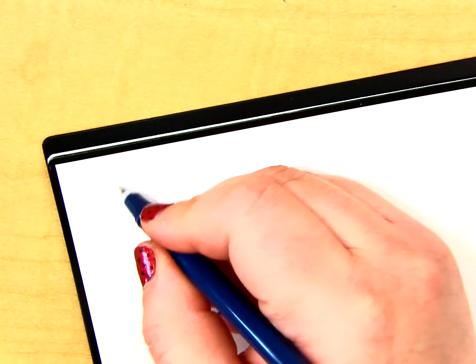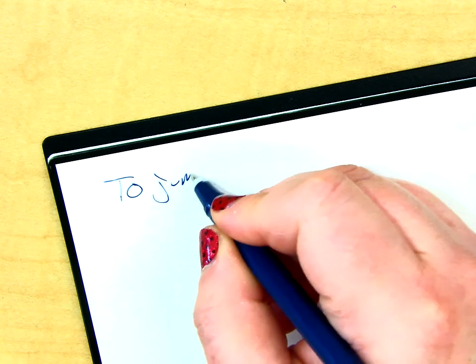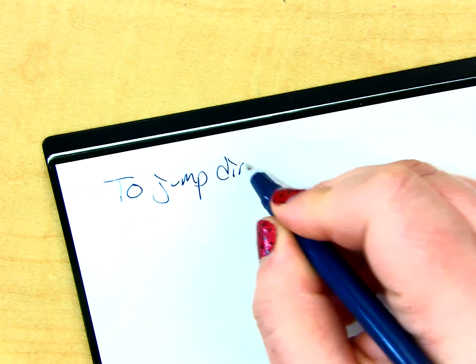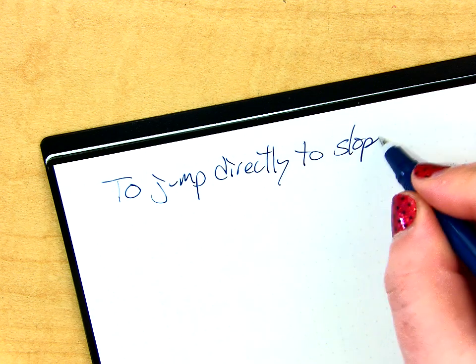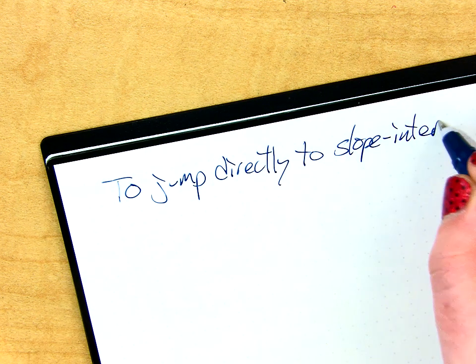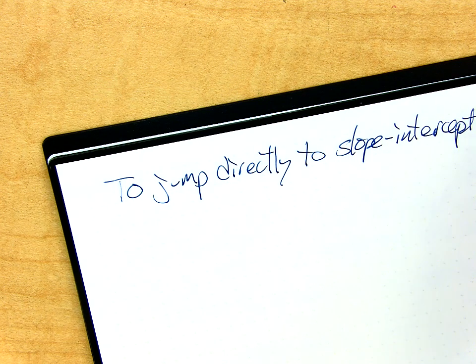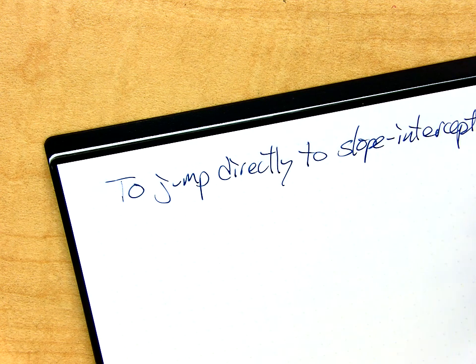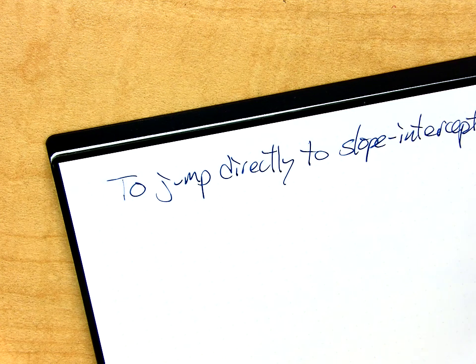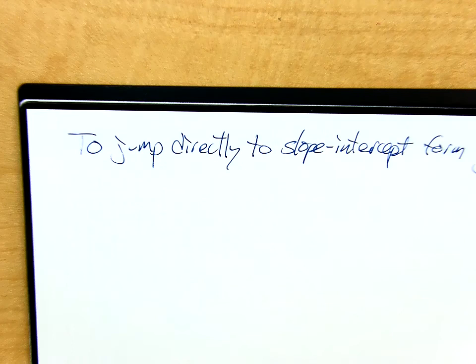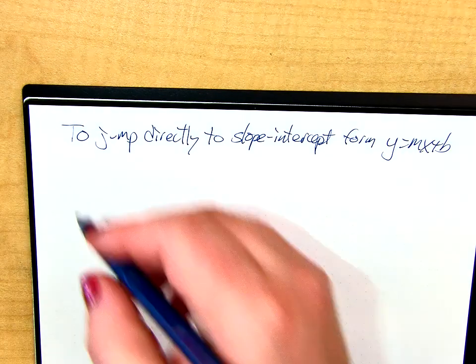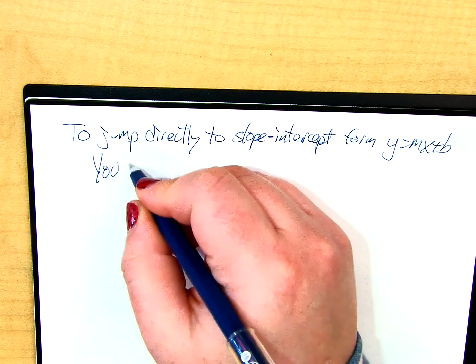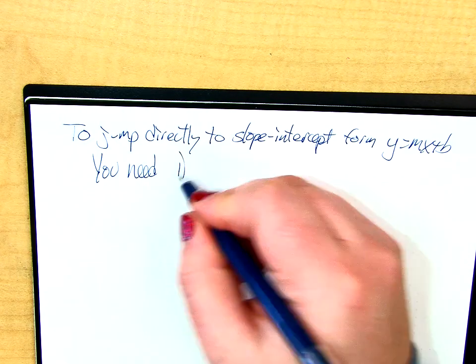So to jump directly to slope intercept form, which remember is y = mx + b, you need the slope.